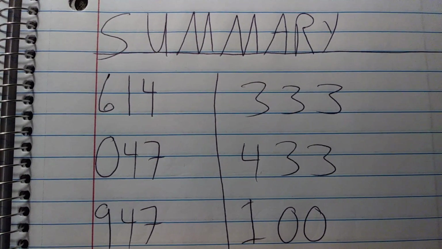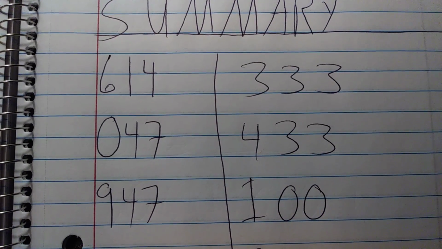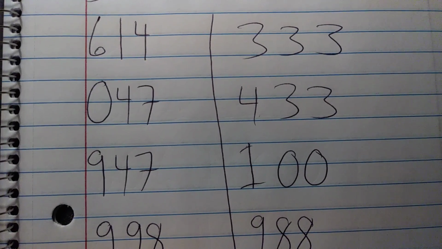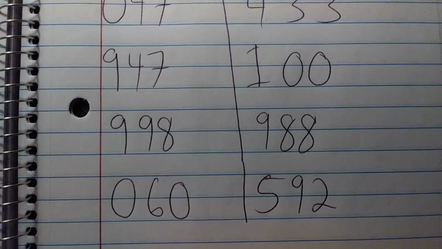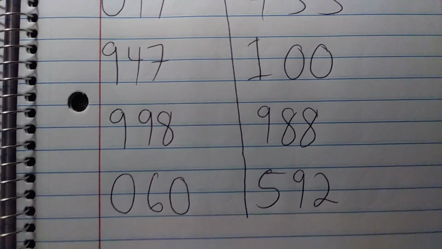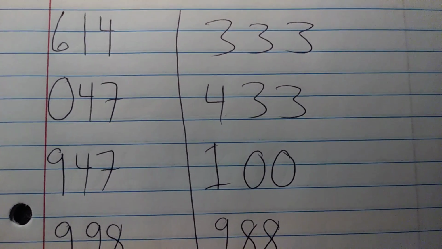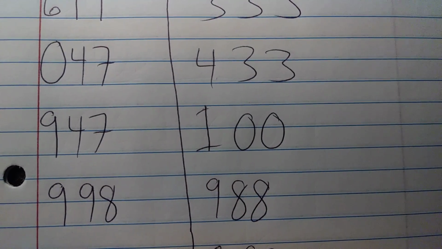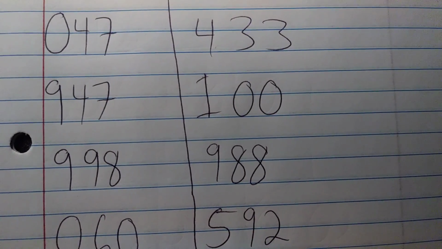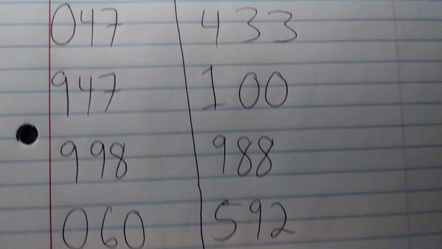And then based on all of that, the potential numbers in the next 7 days are 614, 047, 947, 998, 060, 333, 433, 100, 988, and 592.